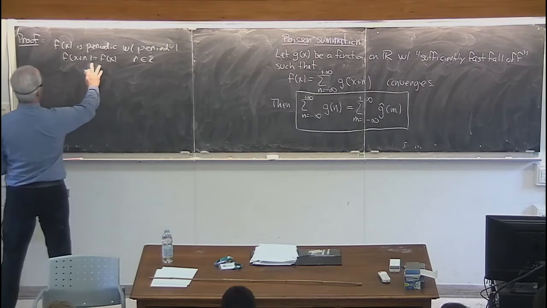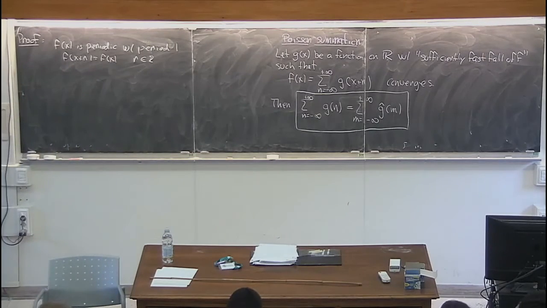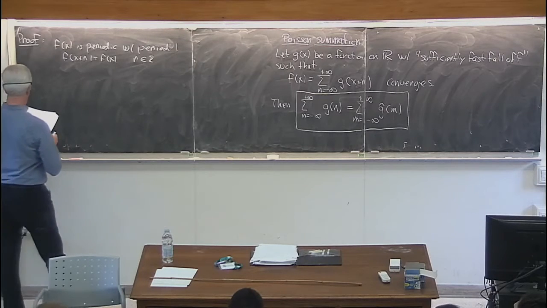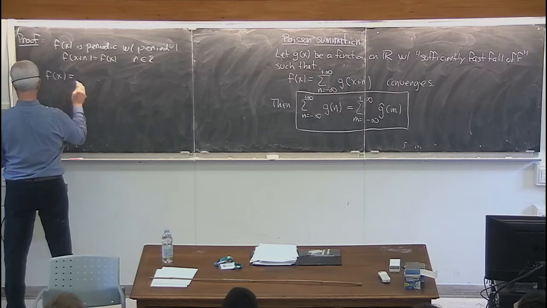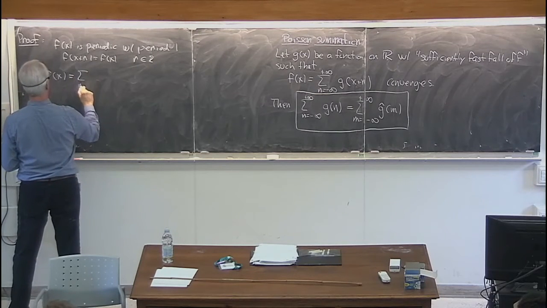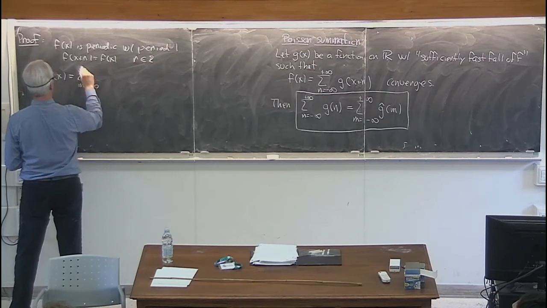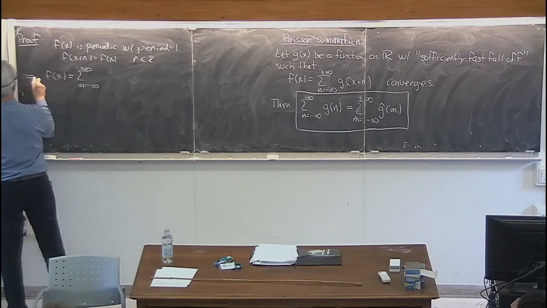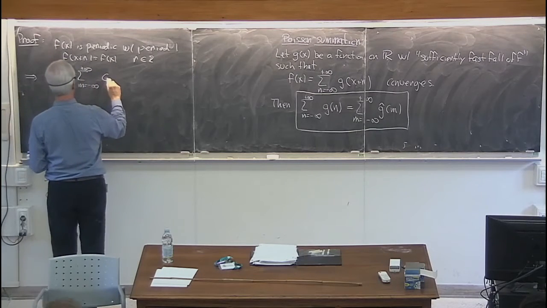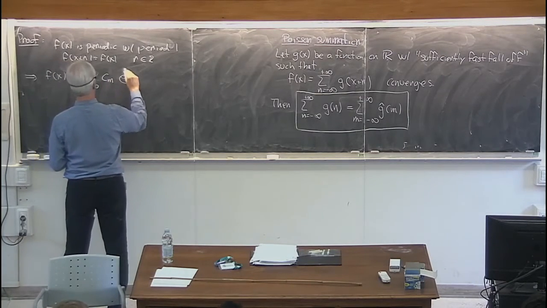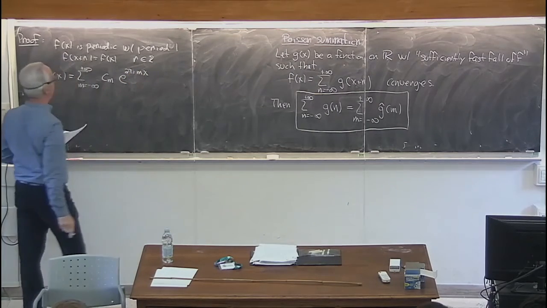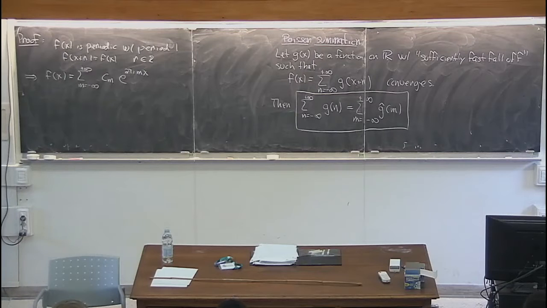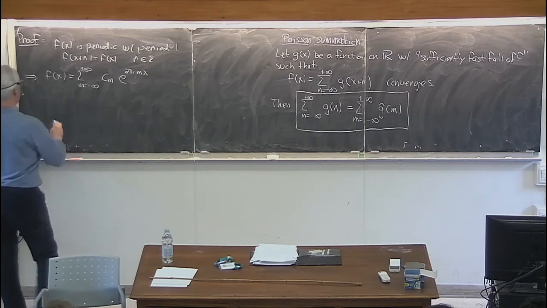And since f is a periodic function with period 1, we can write a Fourier series for it. So the fact that it's periodic means that it has a Fourier expansion, in terms of a basis of periodic functions with period 1, that is just the exponentials or cosines and sines.